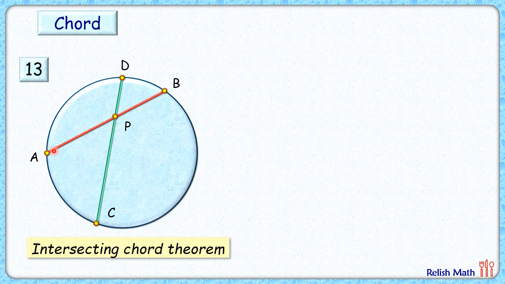That is, these chords are cutting each other at point P. So the product of AP times PB will be the same as CP times PD. This product will be the same irrespective of the original length of the chords. Where they are cutting also doesn't matter. If two chords intersect each other, then they will cut each other such that the product of their lengths will always be equal.